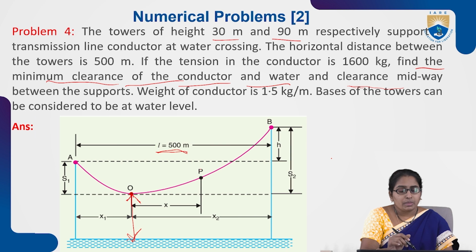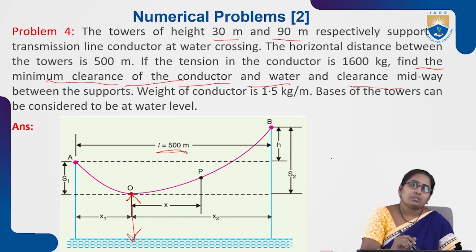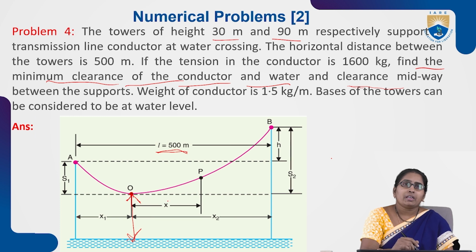Let P be the midpoint, which is at a distance of x meters from the lowest point O. So x is the distance of the midpoint from the lowest point O. Then what is this x value?